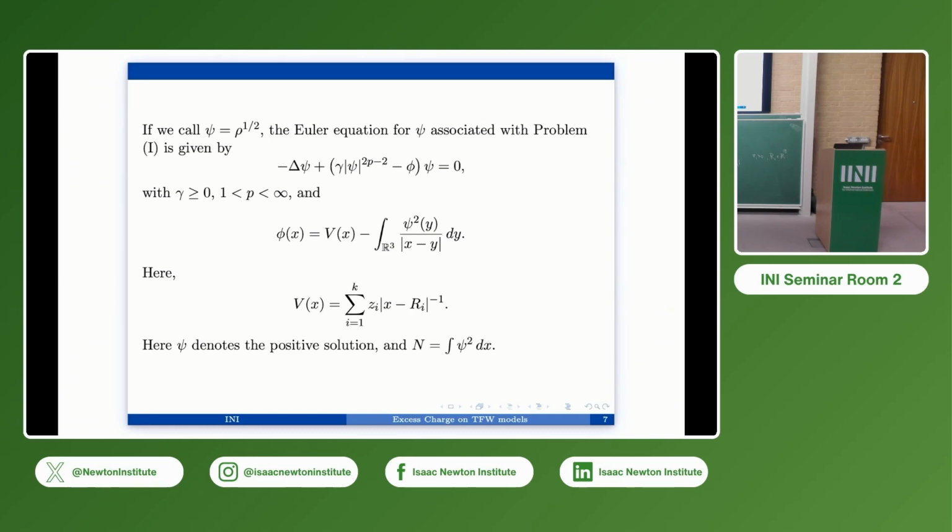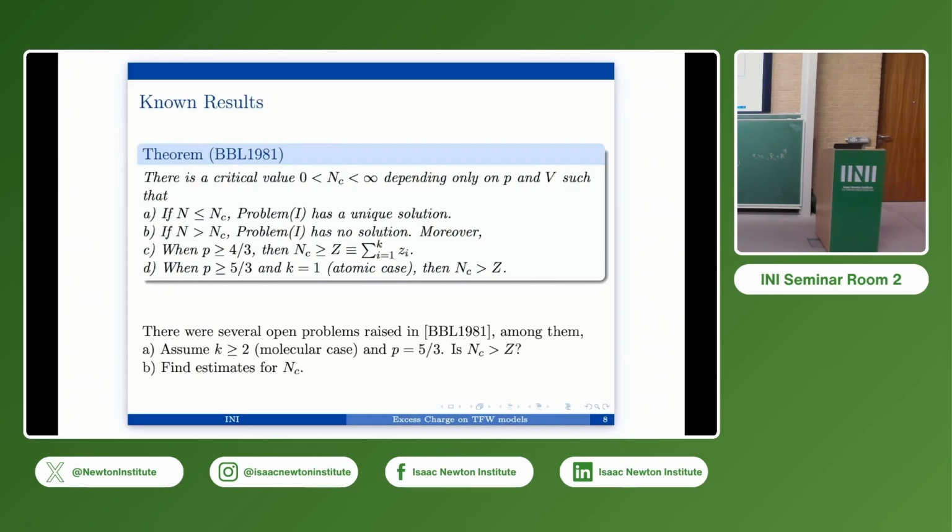Sorry, I should have said B there, not 5. Here, psi denotes the positive solution, and as I said before, N is the integral of psi squared. That's the number of electrons, and it's not necessarily an integer.